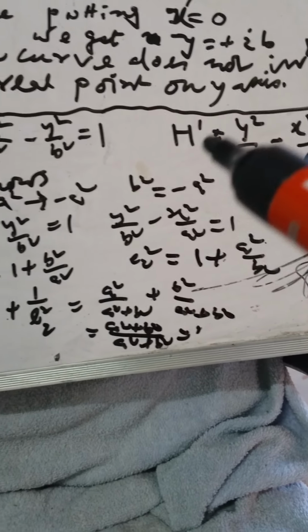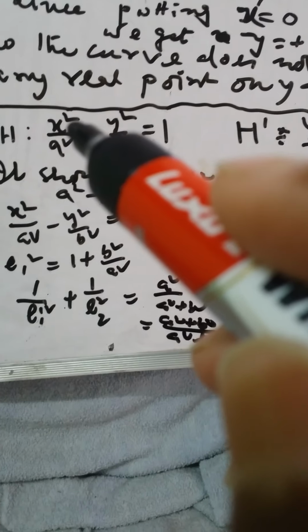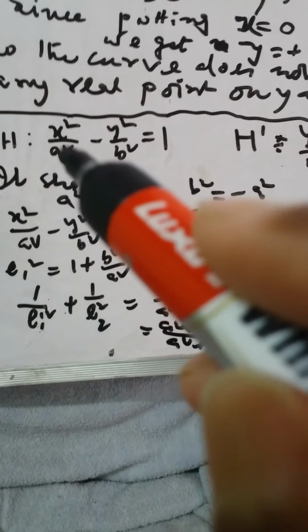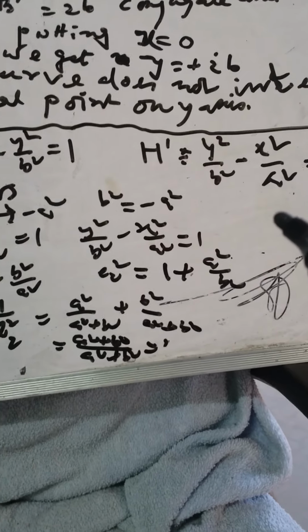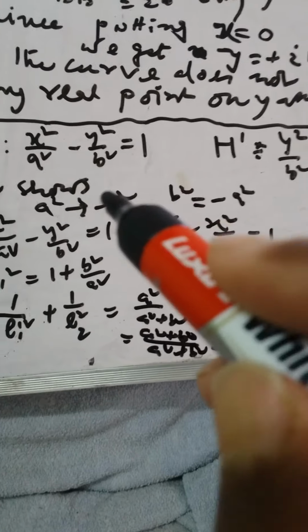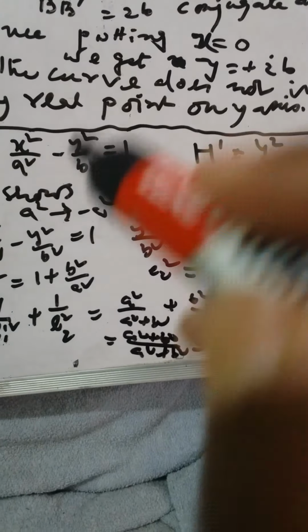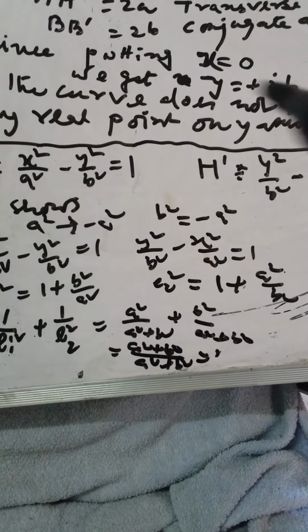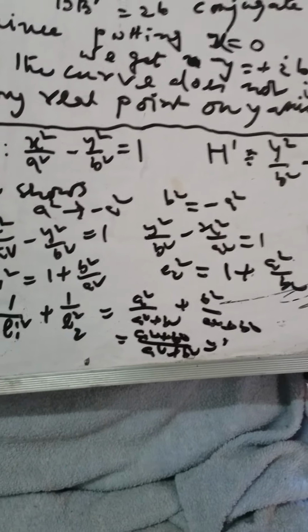And if the transverse axis of this hyperbola is the conjugate axis of that hyperbola, and the conjugate axis of this hyperbola is the transverse axis of that hyperbola, then these two hyperbolas, one is the said hyperbola and another is its conjugate.